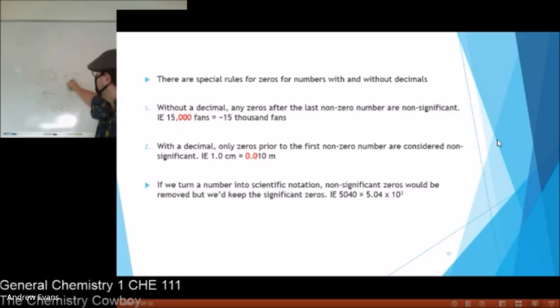But we're not right into standard deviation yet, and we're not going to really worry about that during our general chemistry too much. Now, if there is a decimal, then we take the first non-zero number, and every number to the right of it is considered significant.